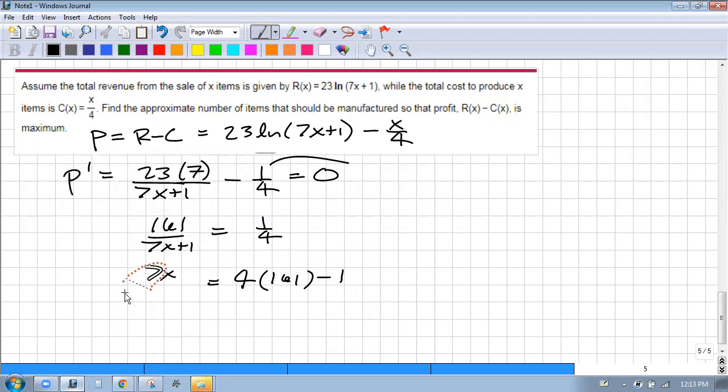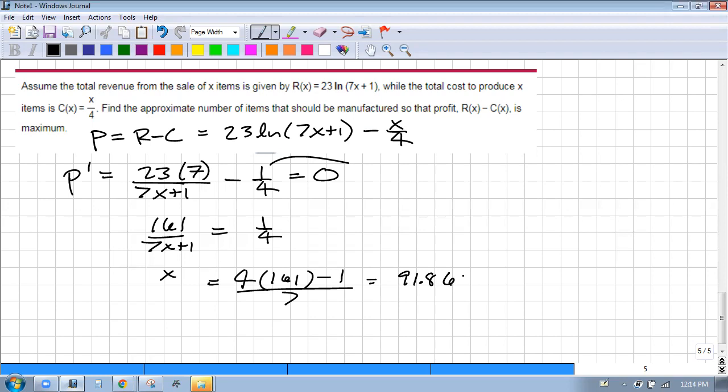And then divide by 7. Assuming I didn't screw that up, 161 times 4 minus 1 divided by 7, approximately 91.86.